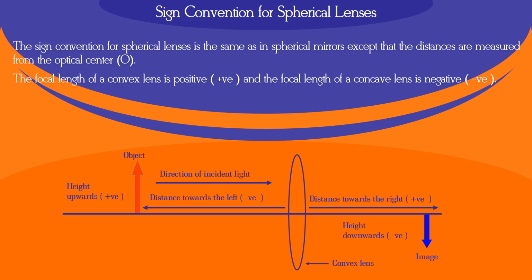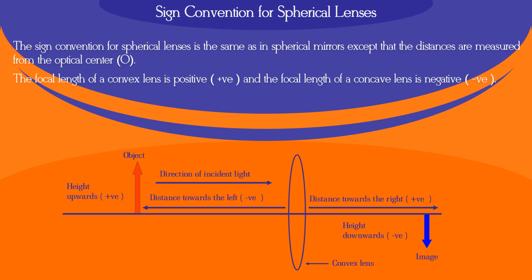Second, all distances are measured from the optical center of the lens, and the distances measured in the same direction as the direction of incident light are taken as positive, and the distances measured in the direction opposite to the direction of incident light are taken as negative.